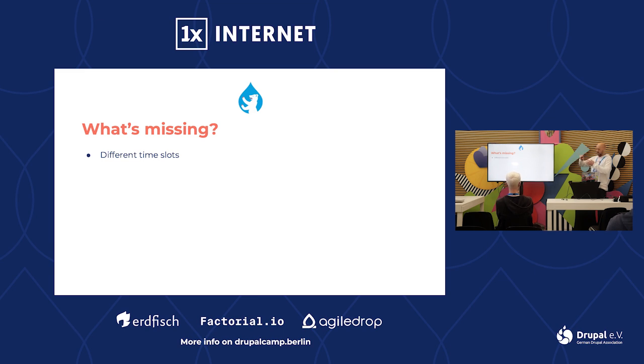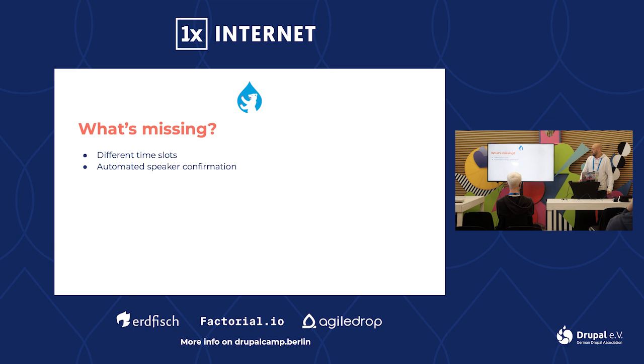You set one session length once, and you can't simply say, okay, the default length is maybe 60 minutes, and I can't put two 30-minute sessions into that slot. That's maybe a nice feature request for future versions.